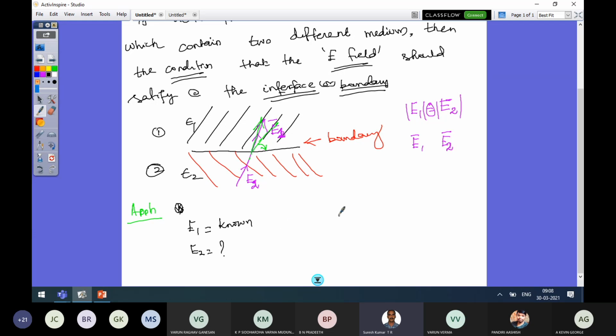This boundary condition is somewhat similar to the boundary condition we have studied in mathematics. Let's say this is the boundary. At the boundary, you know the conditions that can be enforced. So if you know the boundary condition, you can predict what the field will be on the other side, provided that the field on one side is available. So the boundary helps us calculate the field on the other side.